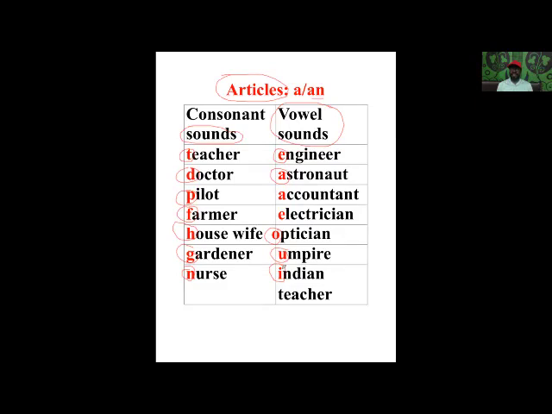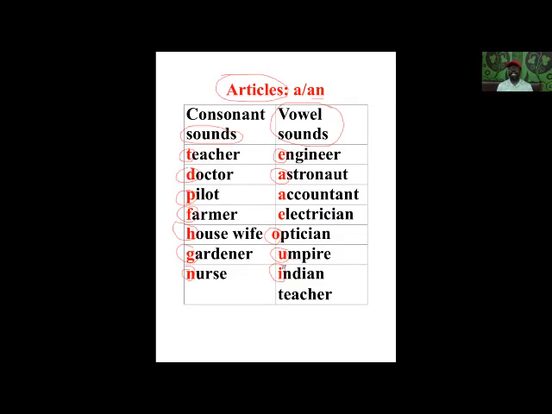So the first part is finished. When do we use a and when do we use an? We use a before a word which begins with a consonant sound. We use an before a word which begins with a vowel sound. Be careful.